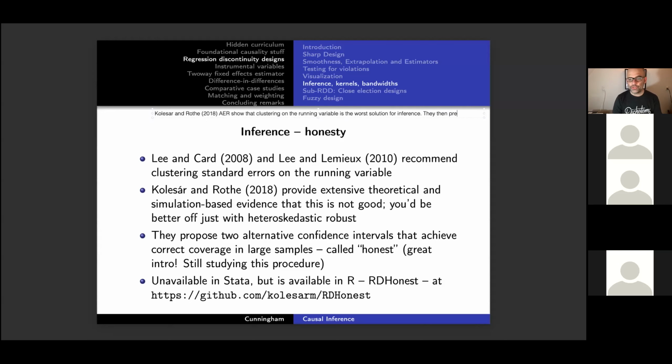They then present new confidence intervals that are robust, called honest, and that is available in R from GitHub below. You can implement their correction using the RD honest command, and that will give you confidence intervals with correct coverage, 95% coverage.